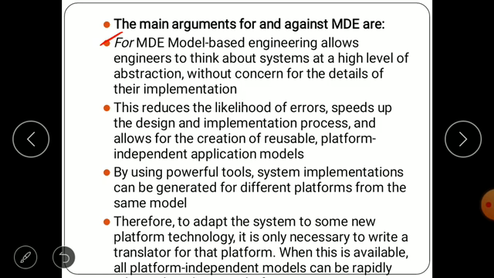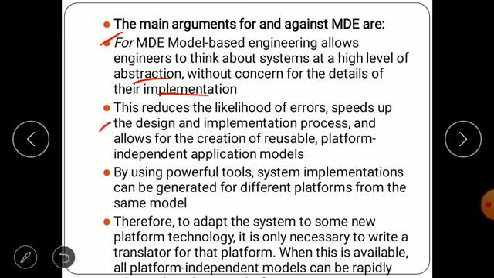Model based engineering allows engineers to think about the system at a high level of abstraction without concern for the details of their implementation. We are not going to think about the implementation.